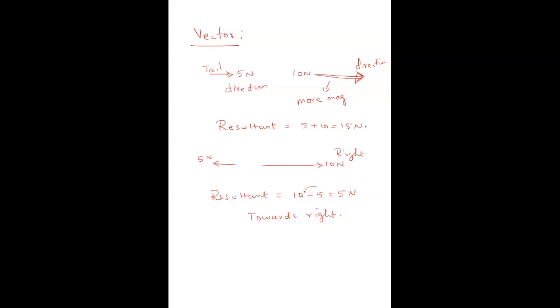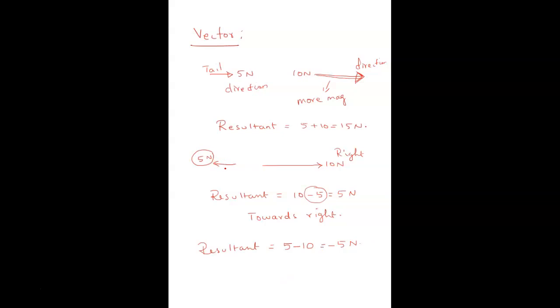Here, if you notice, I put negative 5 because the direction of the 5 Newton is opposite to the 10 Newton. You can even write it like this: if you take the 5 Newton as positive, the 10 Newton is in the opposite direction, so negative 10. Your answer will be negative 5 Newton.